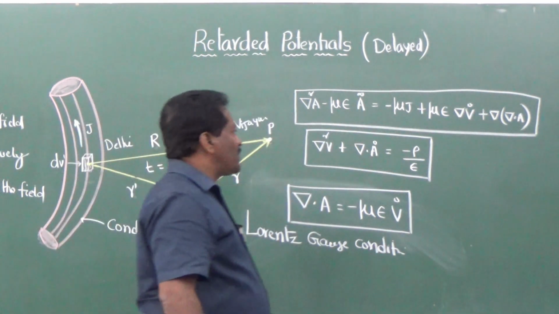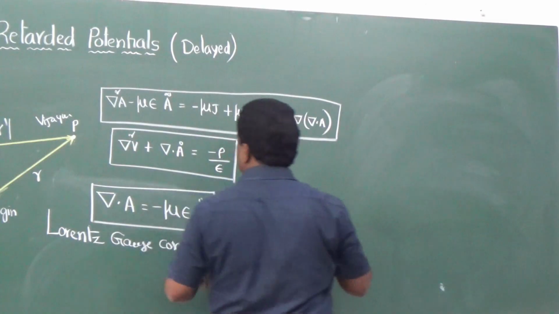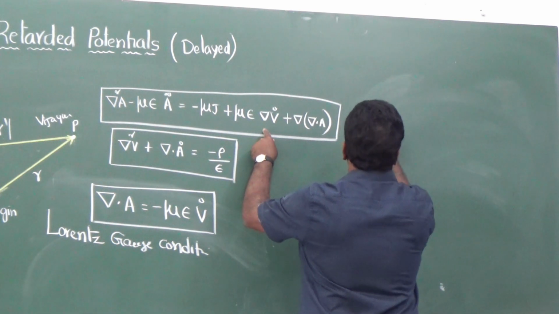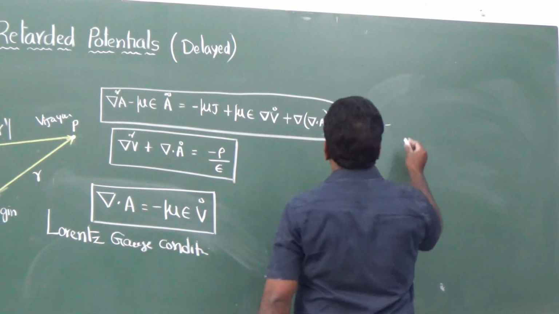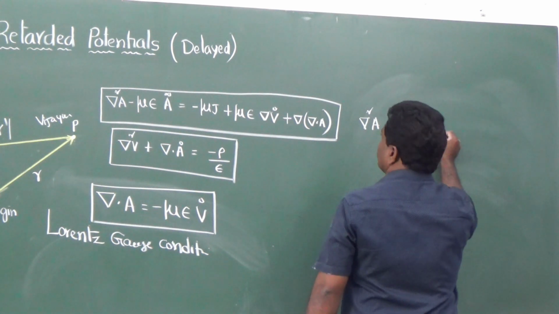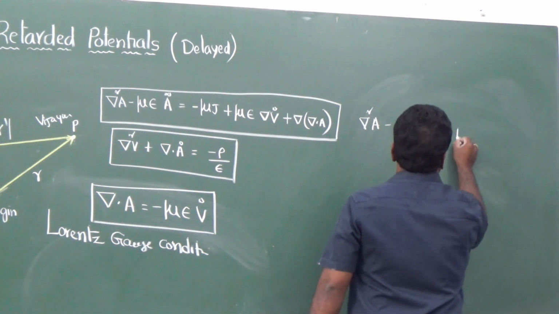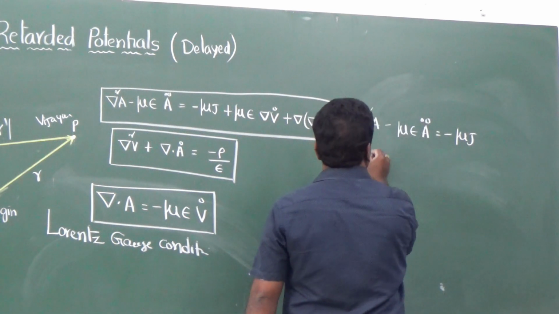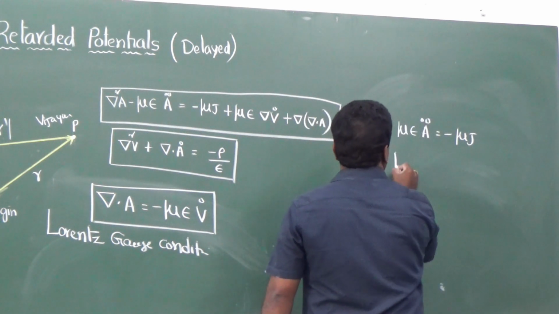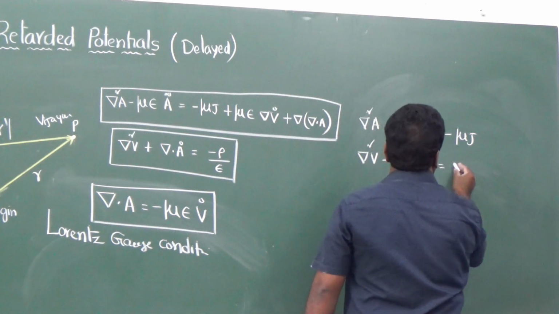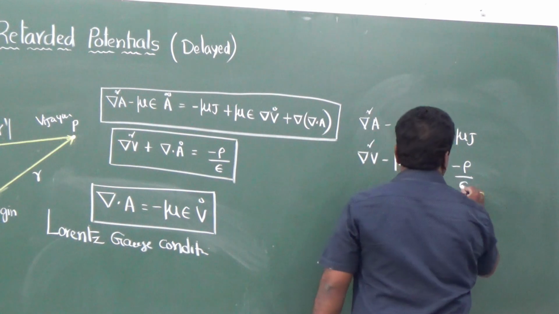For the first equation: del square A minus mu epsilon into A double dot is equal to minus mu J. The next equation, for scalar potential: del square V minus mu epsilon into V double dot is equal to minus rho by epsilon.